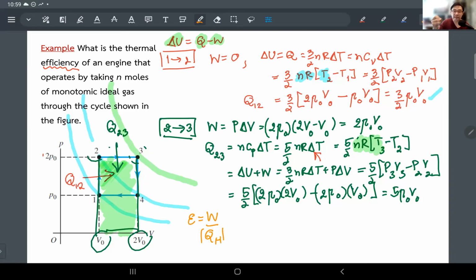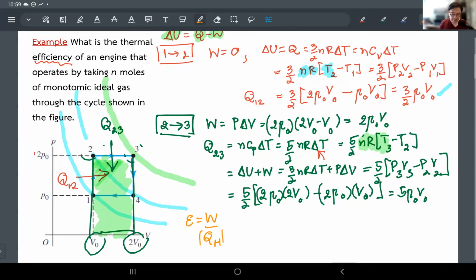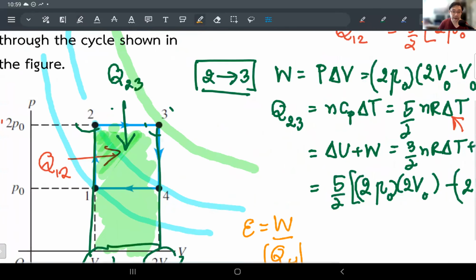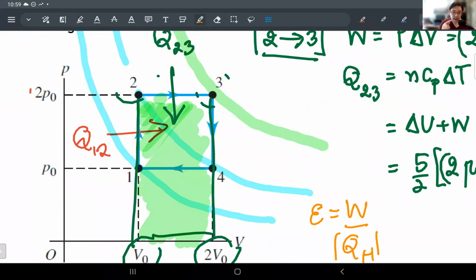And the Q hot is the heat that actually entered the system, in contrast to the Q cold, which is the one that you discard out to the environment. So over here, can you guess what is going to happen during segments 3-4 and 4-1? Think about this. 1 to 2, you're jumping up, right? It's a constant volume process, but it's increasing in pressure.